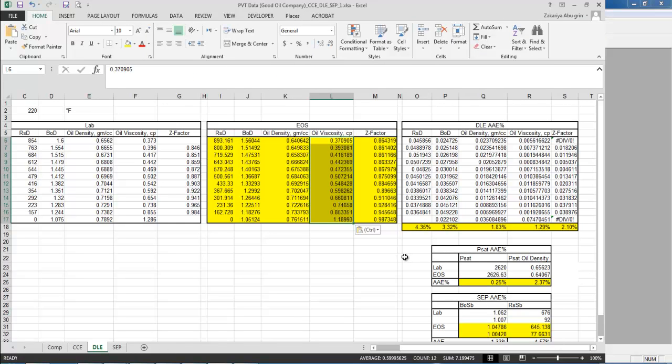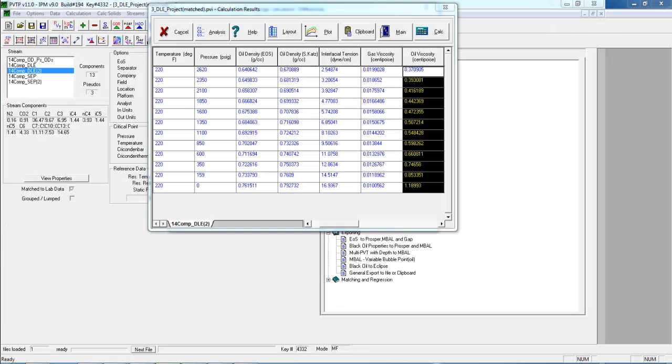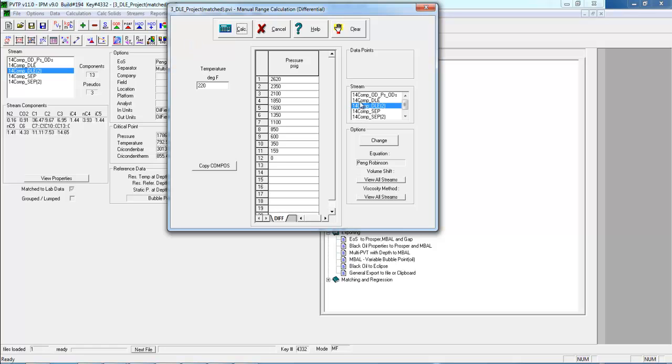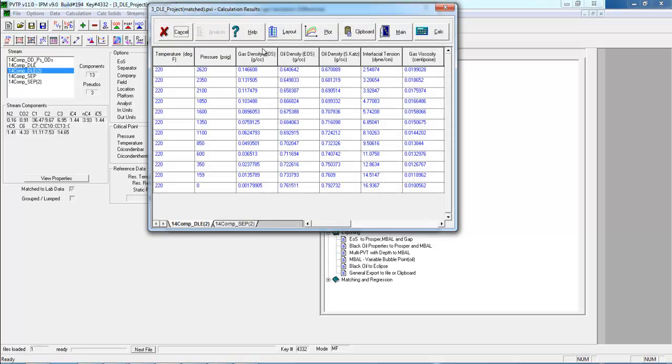So for DLE, it's still okay. Oh, it's not still okay. You see, we have chosen the same one. So now we need to repeat that. When I do this fast, I make this mistake. So in your case, you don't have the excuse, because you are sitting at home and you drink a coffee, you can do this easily.